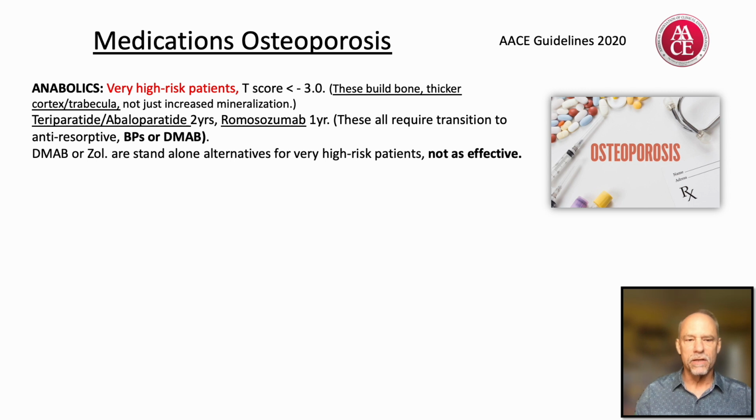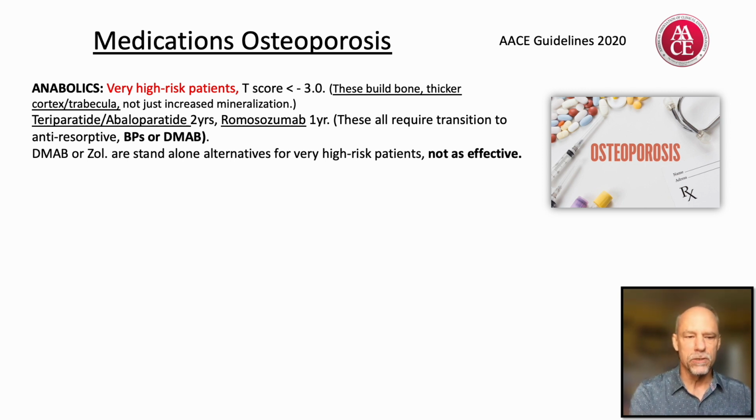So the anabolics are for people with very high risk for fracture, and that's defined as the T-score less than negative 3.0. The anabolics really do build bone. They thicken the cortex and they improve the structure and the number of the trabeculae. So more than just increasing mineralization.